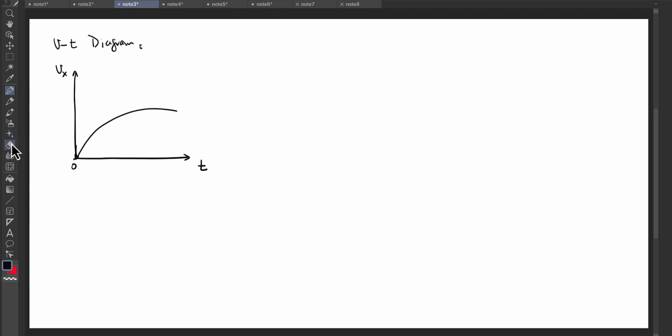Now similarly, the slope of this Vx would be acceleration A equals dVx/dt, and that's the slope. So I can draw, at least at an instant, a slope, and that would represent Ax equals this tangent value of this angle.